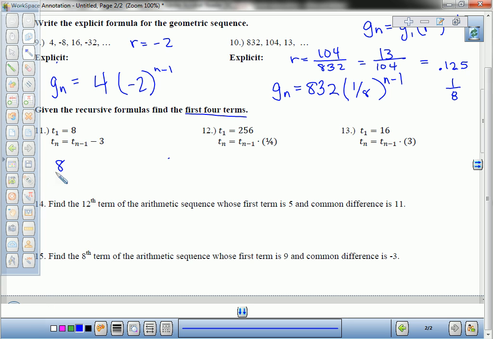So instead of using A or G, they use T for the first term. Now, do you see what this says? To get to the next term, you subtract 3. So what is 8 minus 3? 5 minus 3 minus 3. That's how you do it.